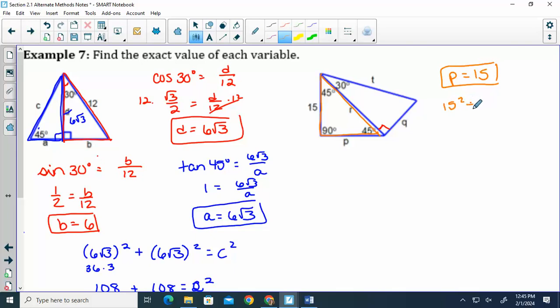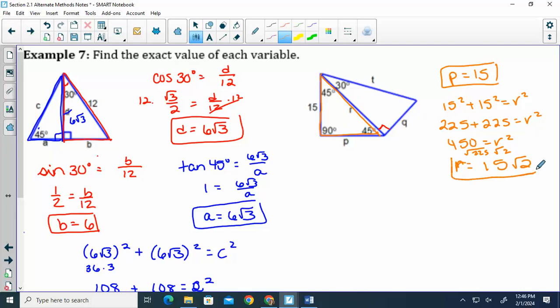Okay. What do we do, 225 and 2. Radical 2 for that side.